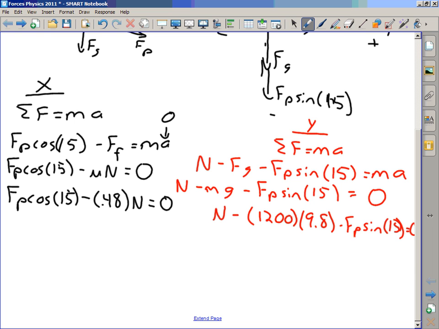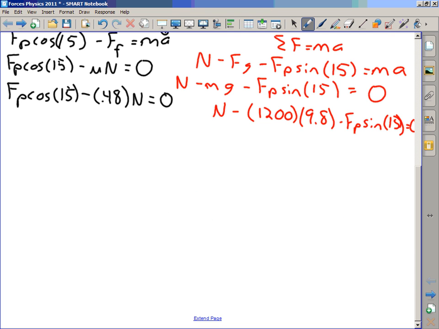I'm going to use the y-axis, I believe, right now, since we're already working on there. Another suggestion for which variable to pick: variables that are all by themselves are always the easiest to solve for. Normal force here is all by itself. It will be by far the easiest because all I have to do is move the other stuff to the other side. N equals, add my 1200 times 9.8 to the other side.